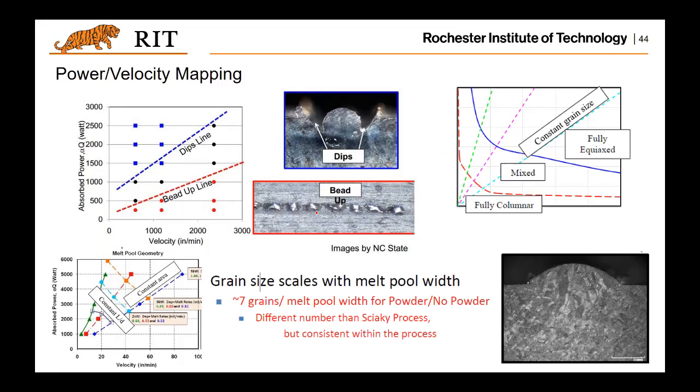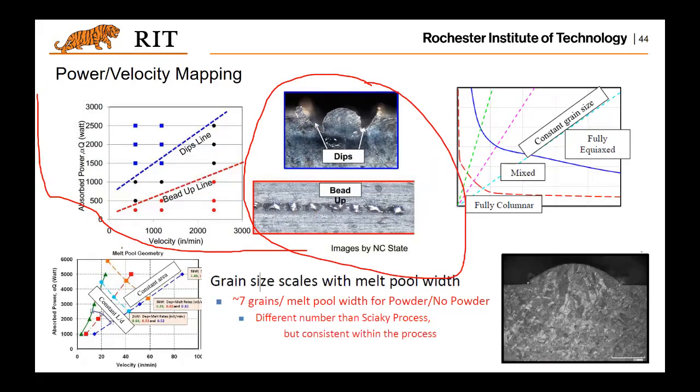How big the grain size is is associated with the melting pool width. As you can see here, these figures show you how it will affect it. Especially for these ones, it shows you how the melting pool depths will look like if there are different power and velocity specified.